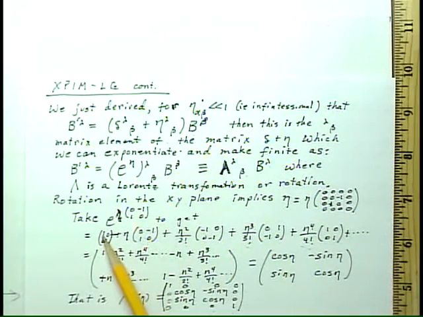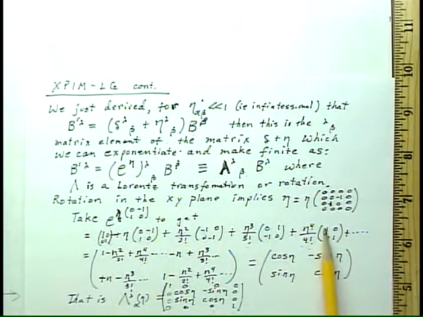We will have a 1 plus eta squared over 2 factorial times minus 1 plus eta to the 4th over 4 factorial with a plus 1. So we get here for this first component of the matrix this plus this plus this, which leads us to a 1 minus eta squared over 2 factorial plus eta to the 4th over 4 factorial.